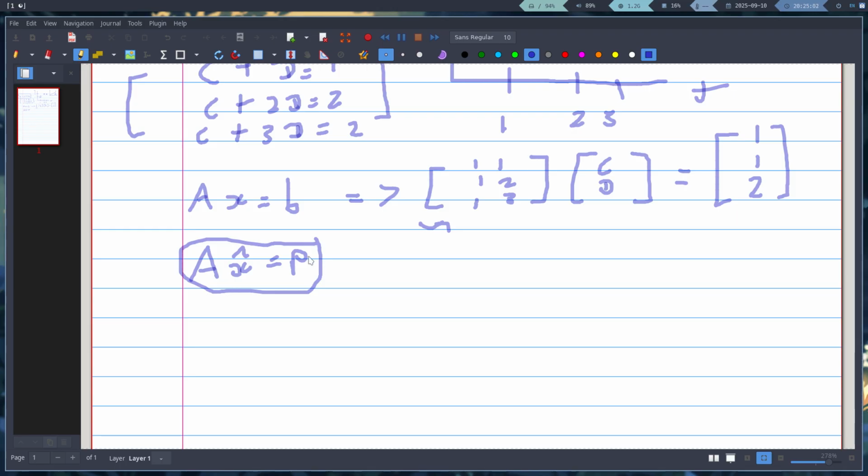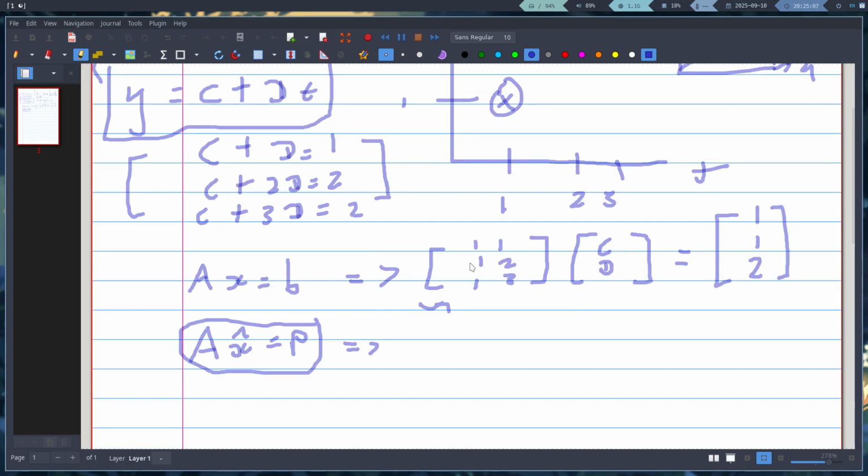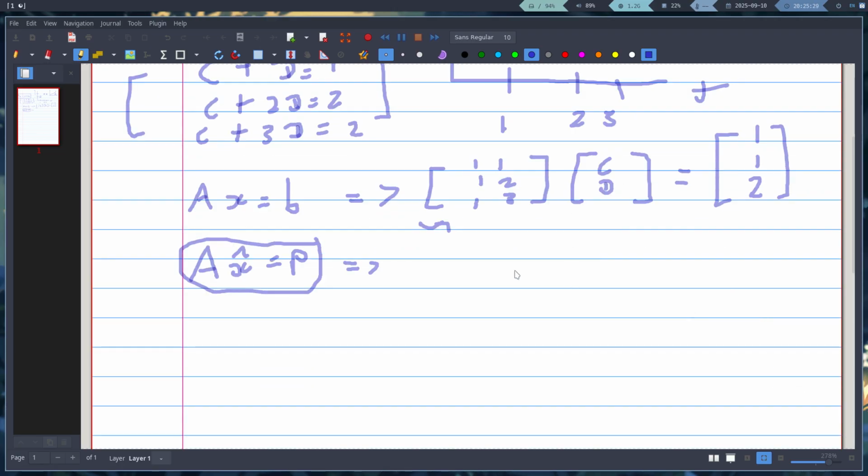And what this turned out to be in the n-dimensional case, because here the column space is a two-dimensional plane, and we're looking for two values, c and d, some linear combination of the column space to produce this right-hand side b here. But b is shooting outside of the column space, so what we have to do is project it down into the column space and find the best possible. We said before that all you have to do is make the matrix symmetric by multiplying both sides by the transpose.